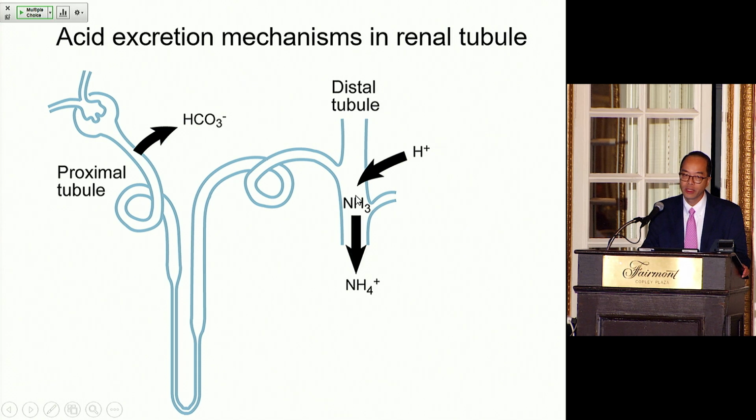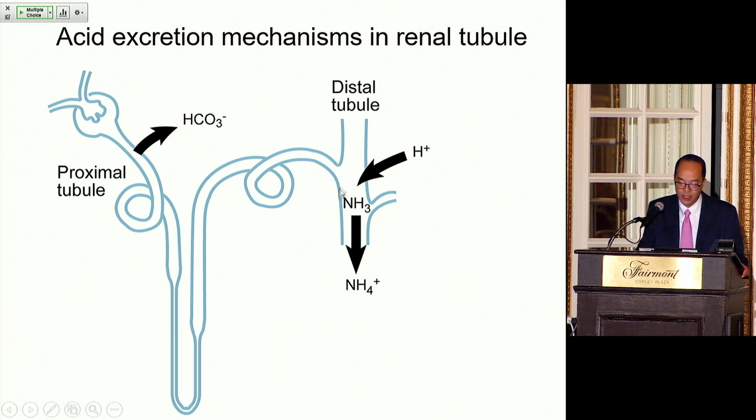But if you just secreted protons into a plain urine, you wouldn't get very far, right? So if you lowered the urine pH down to 5, that's 10 to the minus 5 moles per liter of acid, which is 0.05 millimolar, so a tiny amount. So free acid doesn't really get rid of enough acid from the body.